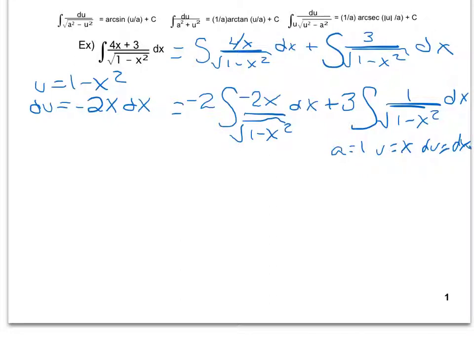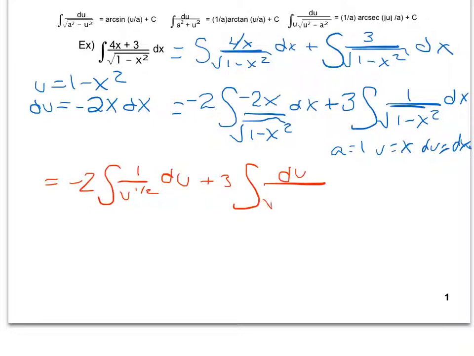So then going ahead and actually plugging some stuff in, I will have negative 2 times the integral of 1 over u to the 1/2 du plus 3 times the integral of du over the square root of a squared minus u squared. So going ahead, on this one, since I have a little bit more room than I did on the last one, I'll rewrite it as u to the negative 1/2 rather than having to keep saying it.